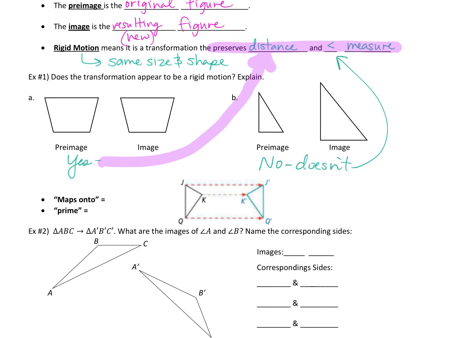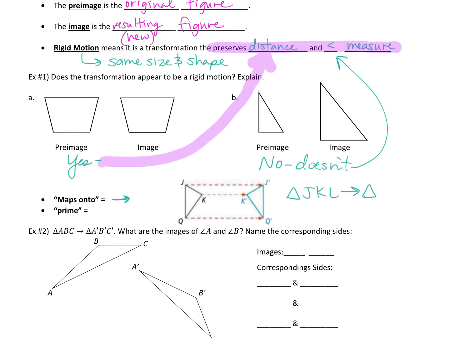All right, and then a couple little symbols that you're going to need to know. Whenever I say something maps onto, the symbol that they're going to use for that is just an arrow. So they'll say, like for this picture, triangle JKL maps onto triangle. And then the other term that you need to know is prime.